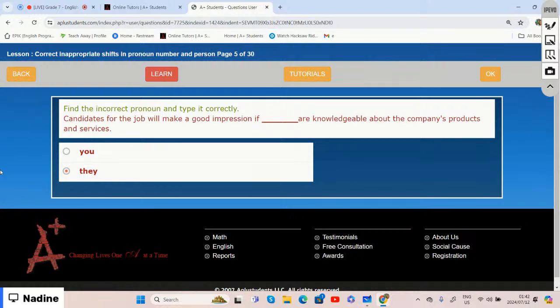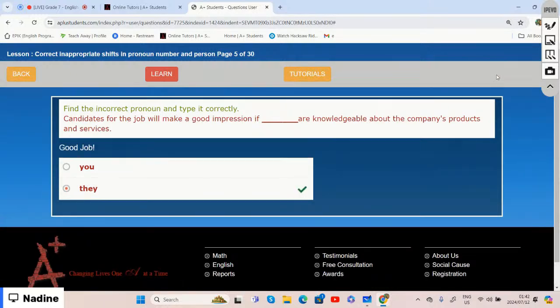All right, so if we are making mention of more than one candidate, because we're referring to more than one, then we say if they are knowledgeable about the company's products and services.